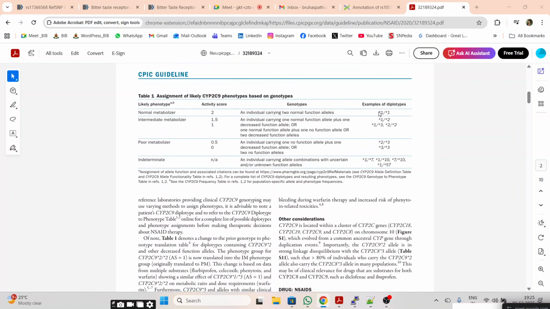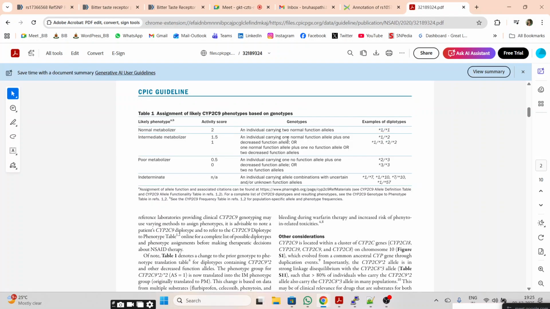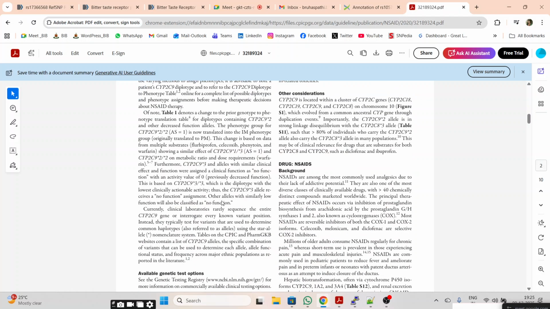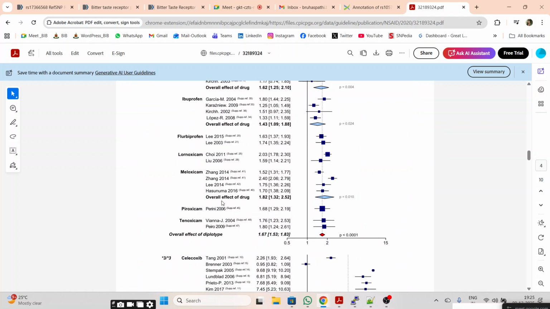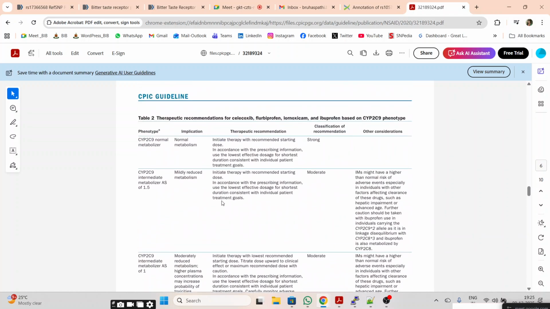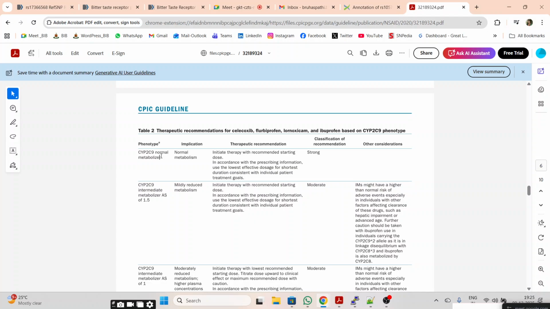See, people who carry a star 1 notation are normal metabolizers. People who carry star 1 star 2, star 1 star 3 or star 2 star 2 are intermediate metabolizers. These are poor metabolizers. Now, how do we give the drugs for them? There will be a complete guideline here. For a normal metabolizer, you give a normal drug dosage.